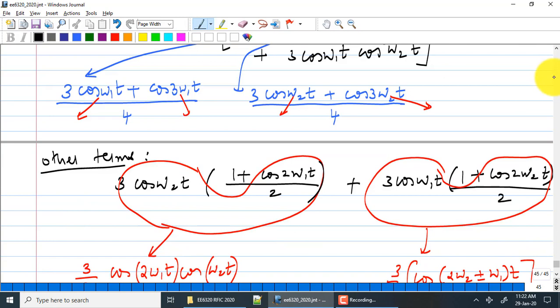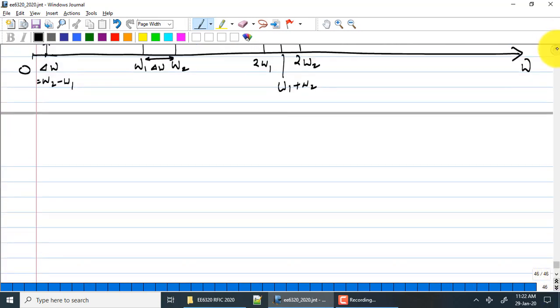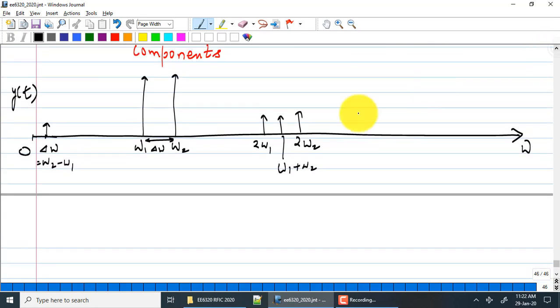What next? The third order components. This, of course, we already showed, the fundamental omega 1, omega 2. You get 3 omega 1, 3 omega 2. Three omega 1, yes. Yeah, we are going to do that. We have not come to that yet.